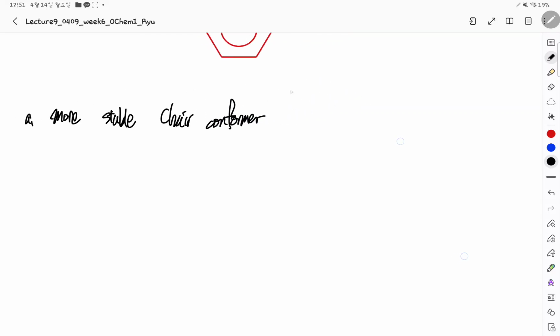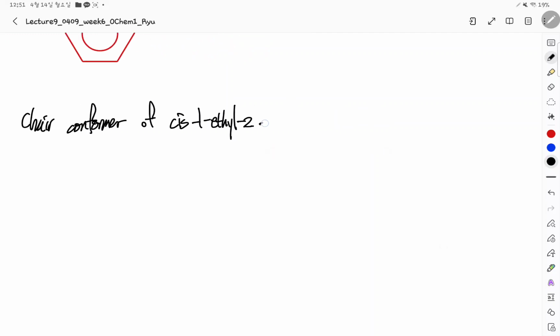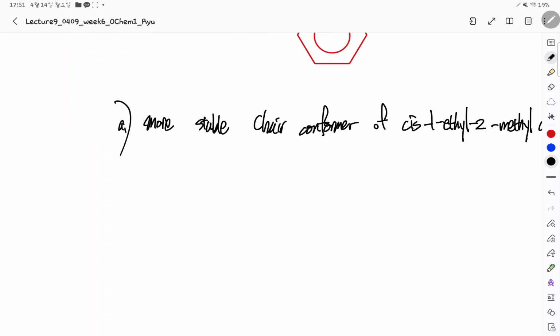And at number 2 carbon you have up methyl, but this is now the down carbon. So up should give you an equatorial methyl, right? So the axial methyl goes to equatorial methyl, and also the equatorial ethyl goes to the axial ethyl after ring flip, and you can compare which one is more stable.